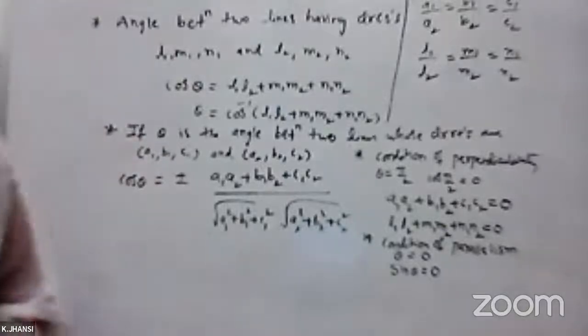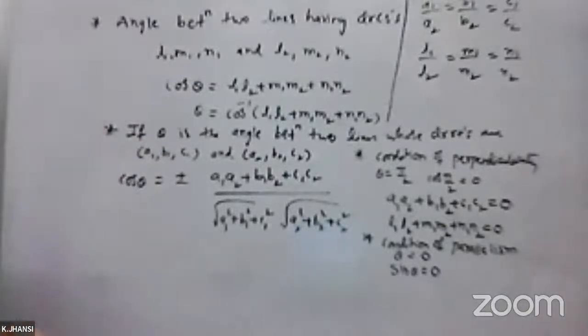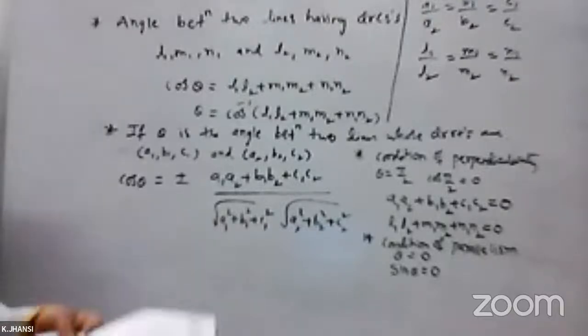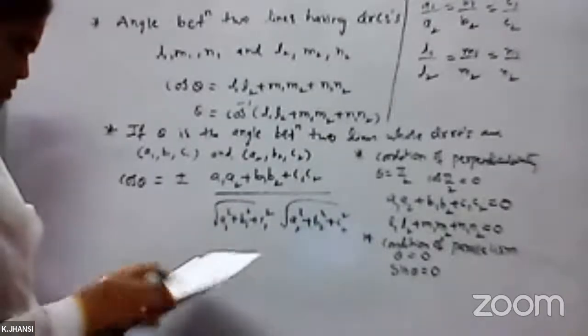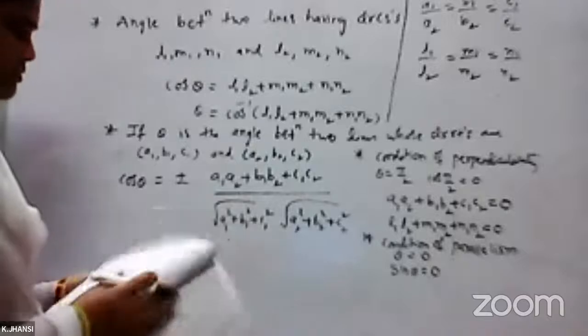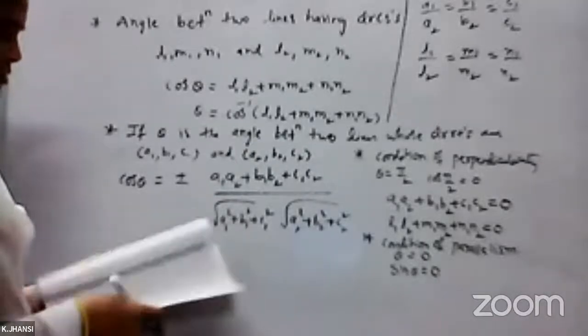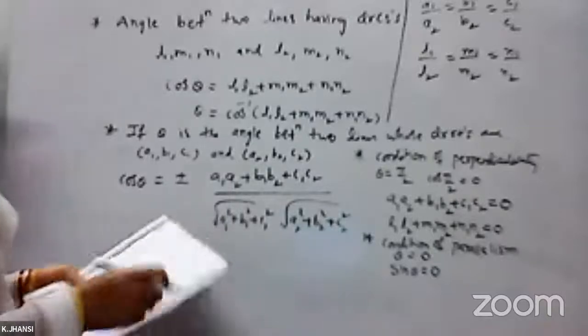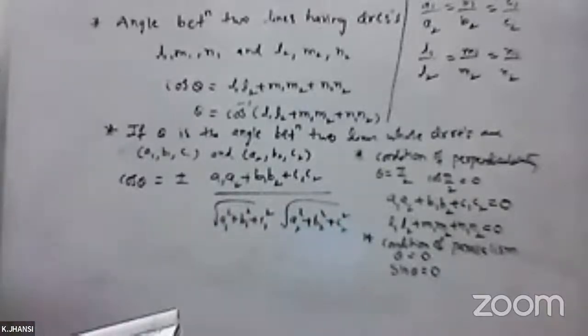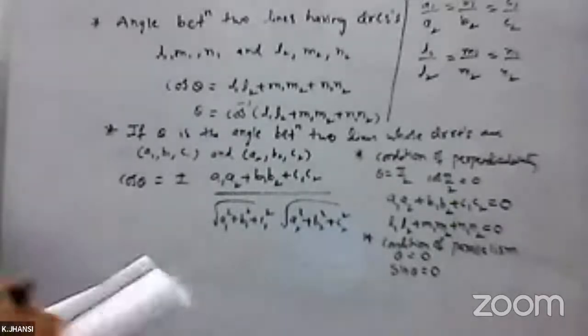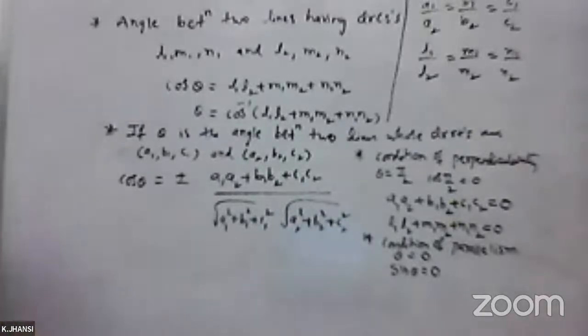Okay. So we'll see one problem on the angle between two lines when the direction ratios are given.